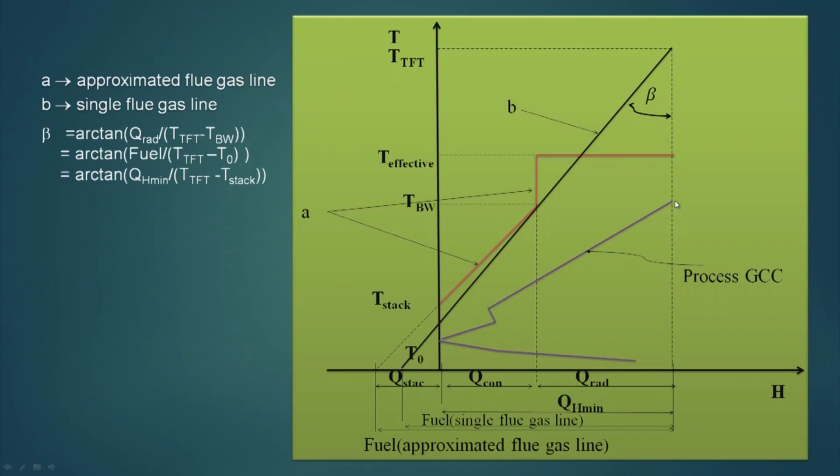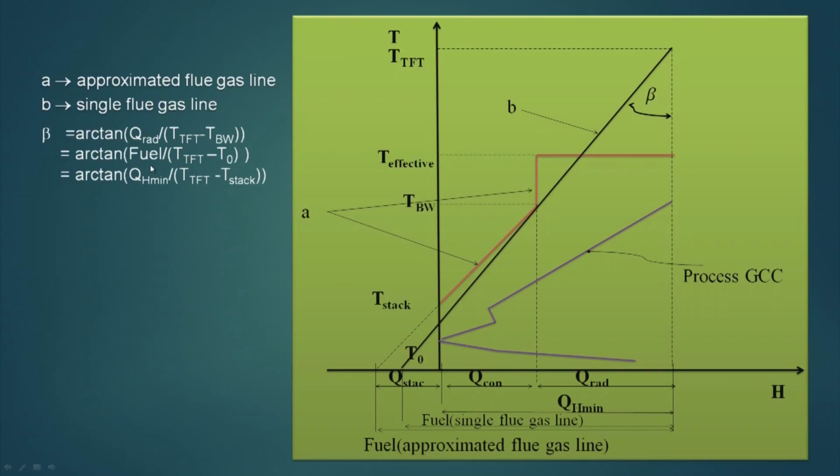Q radiation is from here to here. So, tan beta is equal to this distance Q radiation divided by this distance from here to here, which is nothing but T f t, theoretical flame temperature, minus T b w. So, when we take beta, this is arc tan Q radiation divided by T f t minus T b w.